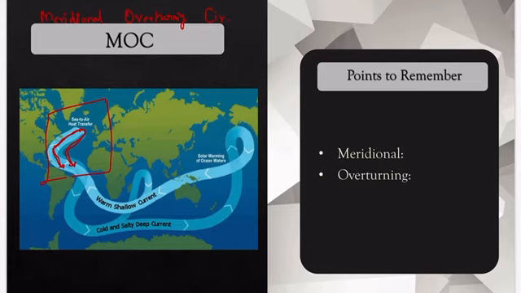Even though we can see something similar in the Indian Ocean as well as the Pacific Ocean, it is not up to the level of overturning which is happening in the Atlantic Ocean. So that's why it is very unique, and it is influencing the climatic conditions of the coastal regions as well as the Arctic regions of the Atlantic Ocean. Clear? So because of this unique presence in the Atlantic Ocean, it is also called the Atlantic Meridional Overturning Circulation, or AMOC.